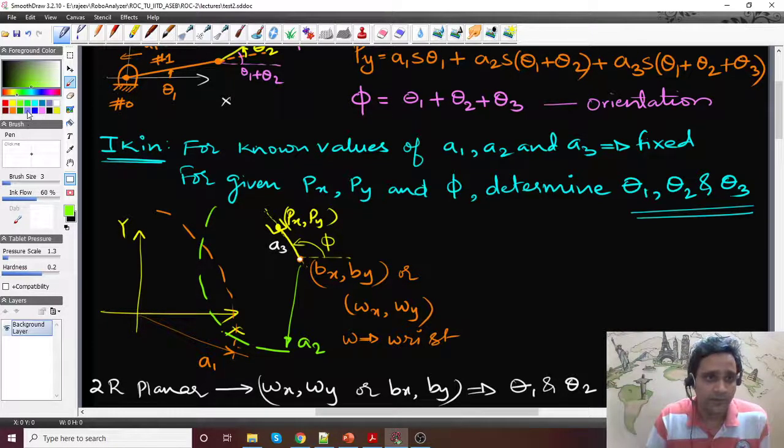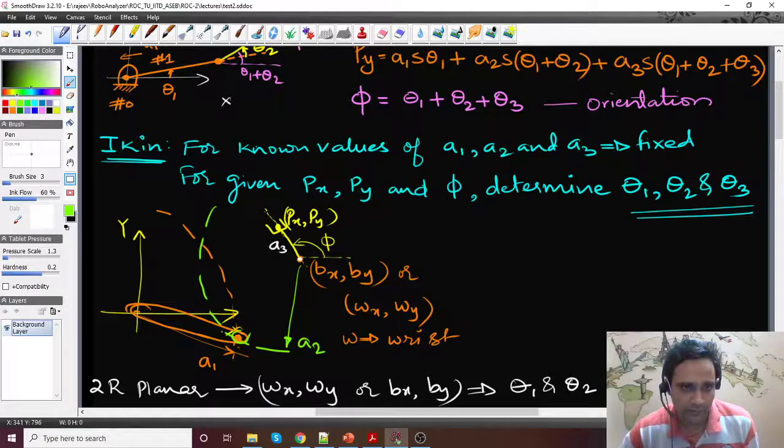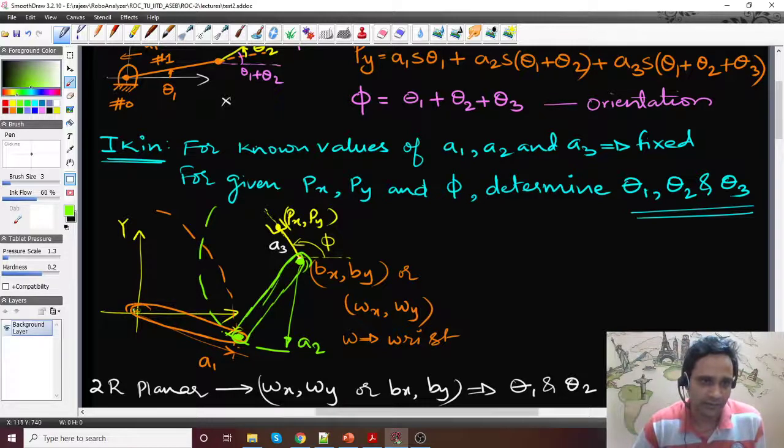So the first intersection what we have here, we can have the first solution. It can go like that and then it can go like that to reach the wrist point. So this is where the revolute joints will be located.